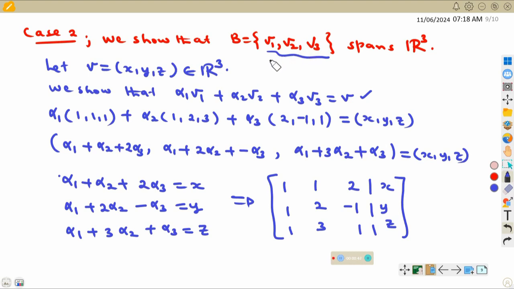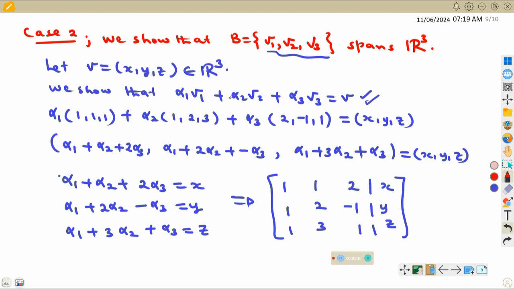So let us pick the vector v, which is of the form x, y, and z in R3. Then our interest is to express this v as a linear combination of v1, v2, and v3. So we shall do that as we have done in our expression here.